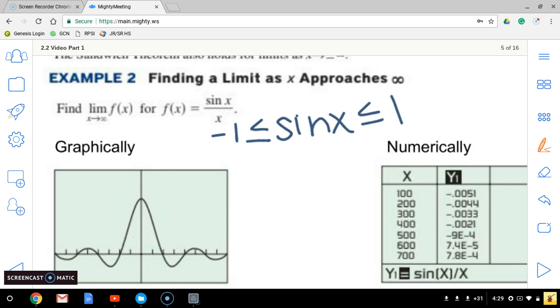So the sine of x is bound between negative 1 and 1. But we want the sine of x over x. So if we divide everything by x, it is still equivalent.